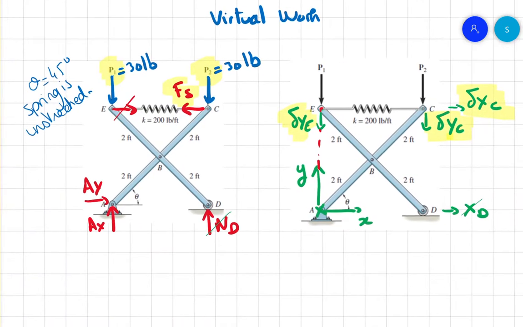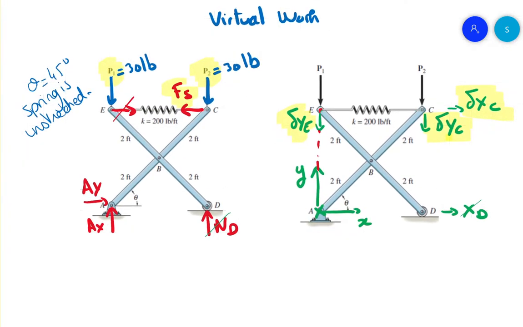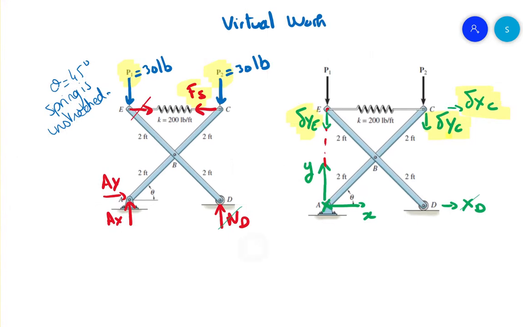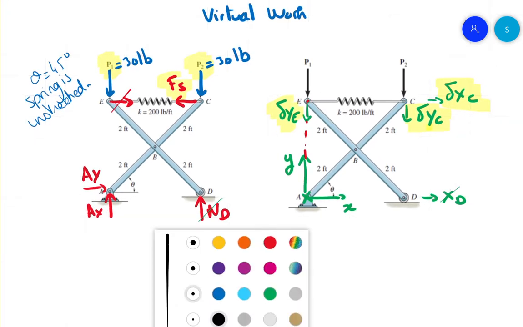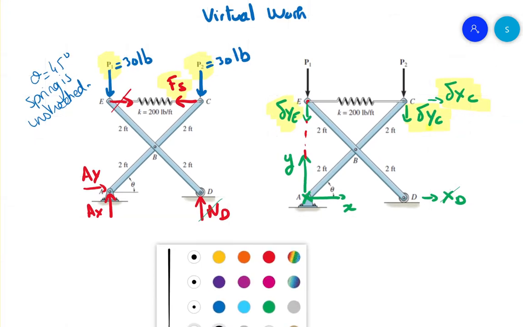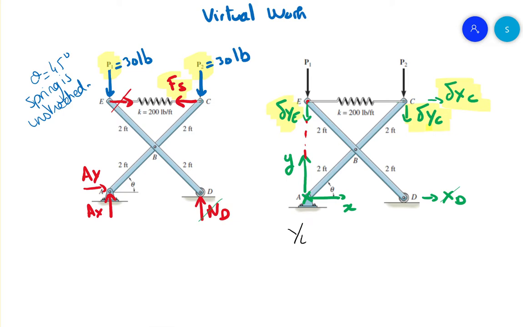So let's write this, delta U for all of them. Let's write first delta YE. So that's this distance, equal to 2 feet plus 2 feet, 4 feet, times, with an angle theta there, sine theta. And it's positive.